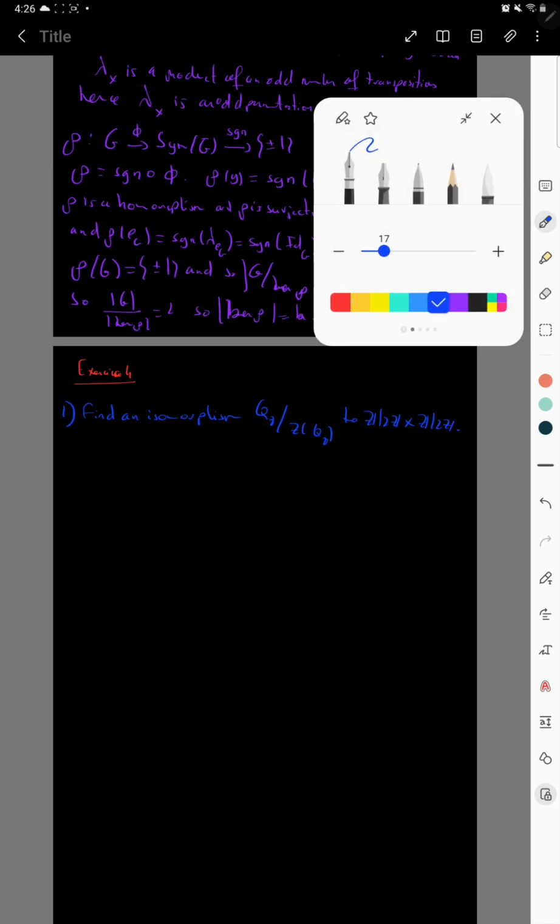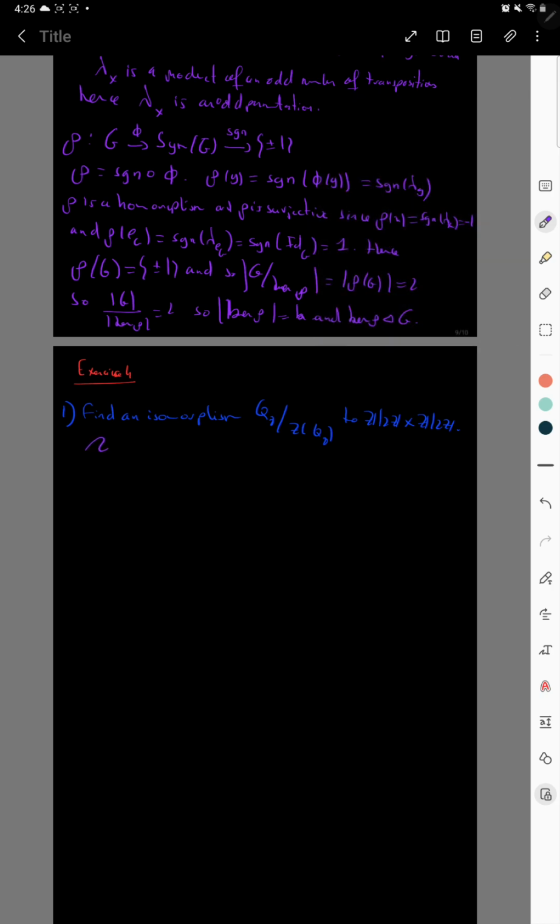Okay, so let's prove this. What is Q8? Recall that Q8 is just the quaternions: plus or minus 1, plus or minus i, plus or minus j, plus or minus k. We know that i squared, j squared, k squared is minus 1, and ij is equal to minus ji is equal to k. So what is Z(Q8)?